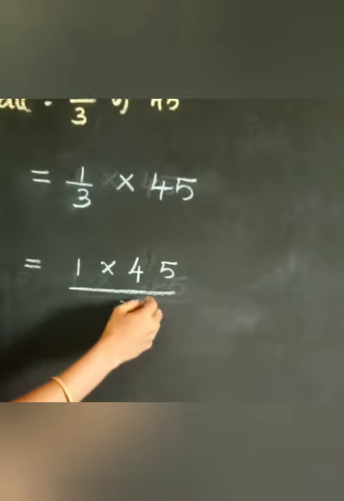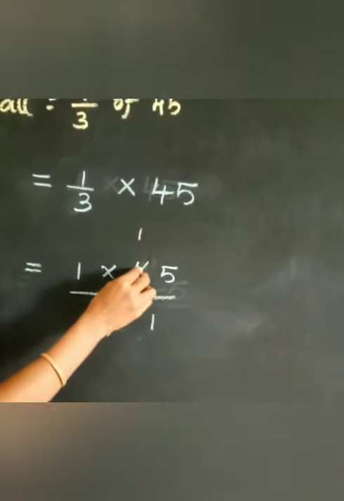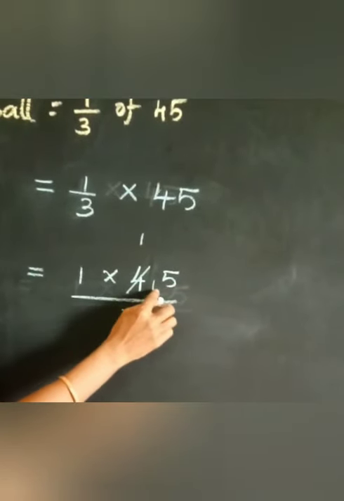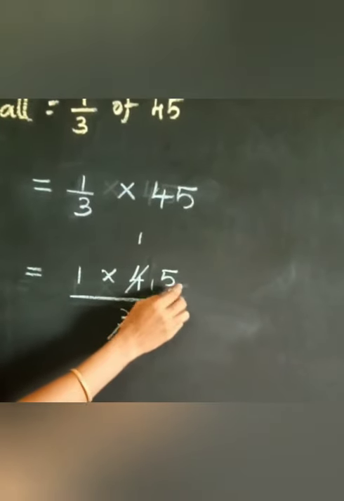In the 3 table, 45 how many times? 1 3 is 3. 4 minus 3, remainder is 1. Now the number is 15. 15 how many times in the 3 table? 5 3s are 15.